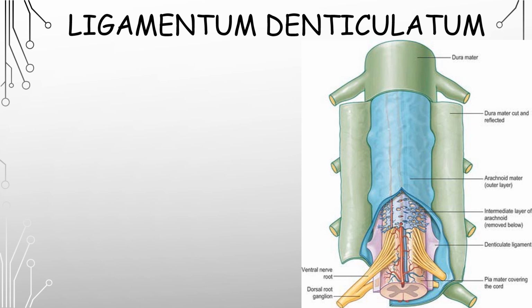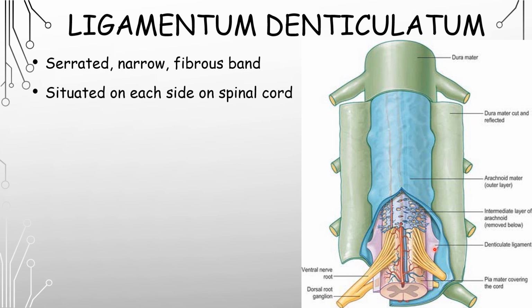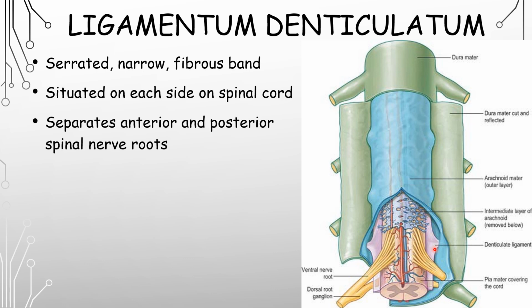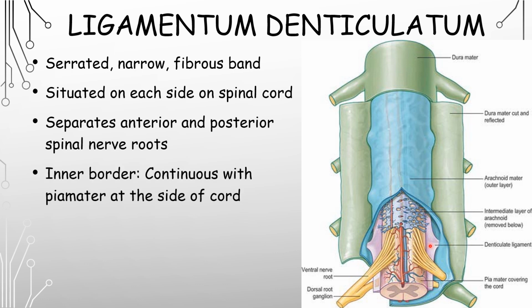Ligamentum denticulatum, or denticulate ligament. It is a serrated, narrow, fibrous band situated on each side of the spinal cord. It separates the anterior and the posterior spinal nerves.